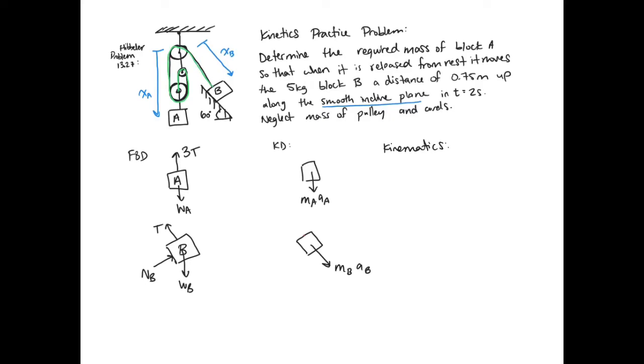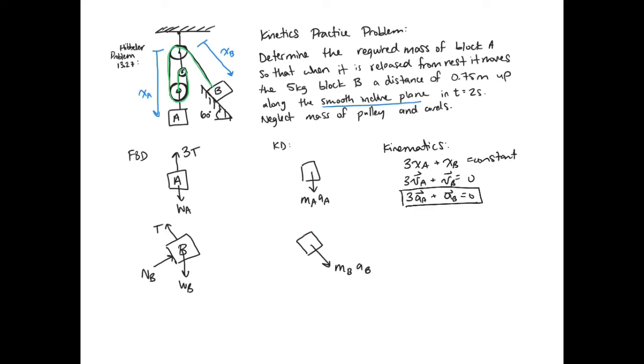So the length of that rope will be 3 times XA plus XB equals constant. 3 VA plus VB equals 0, and then 3 AA plus AB is equal to 0. This is our first equation that connects the acceleration of A with the acceleration of B.